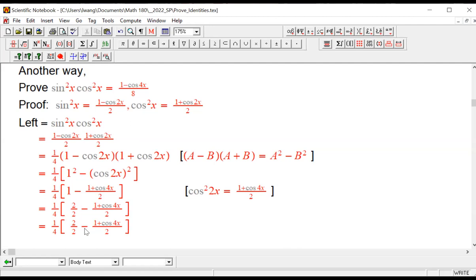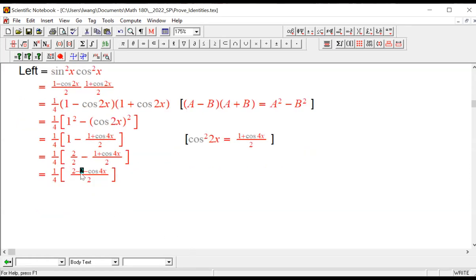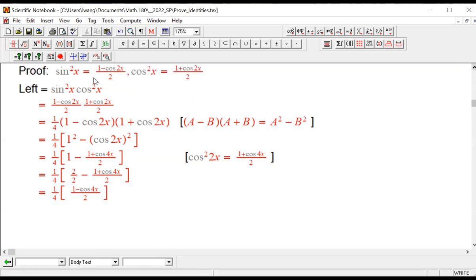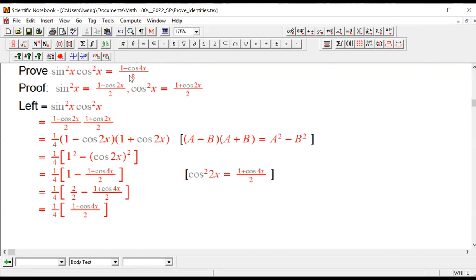So we're going to do 2 minus 1 minus cosine 4x. So this piece is gone. Oh, this is 1, sorry, 2 minus 1. So this piece is 1. Are we there yet? Yes, we're very close. All we have to do is take the 4 times 2. So we get to the right.